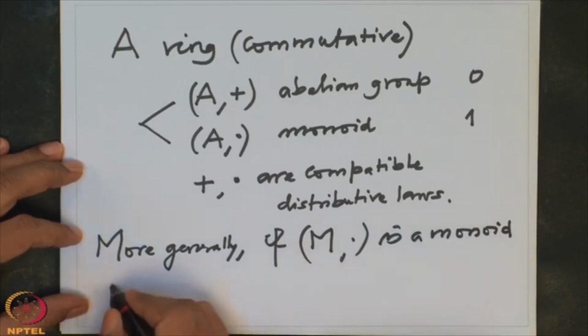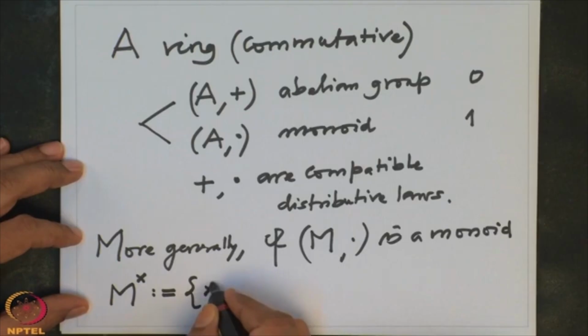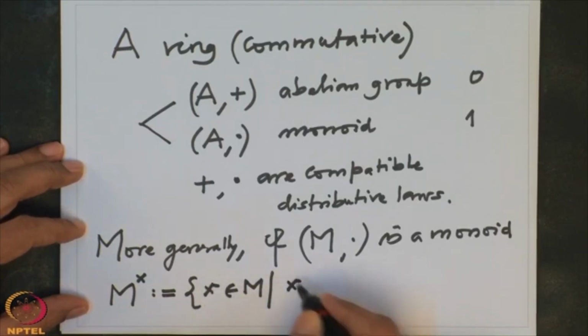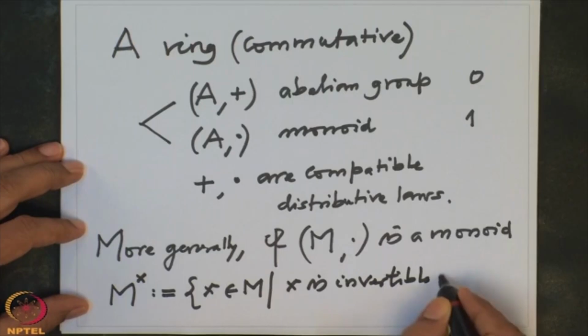Then I will denote by M cross, M upper cross, by definition, all elements X of M such that X is invertible in M.